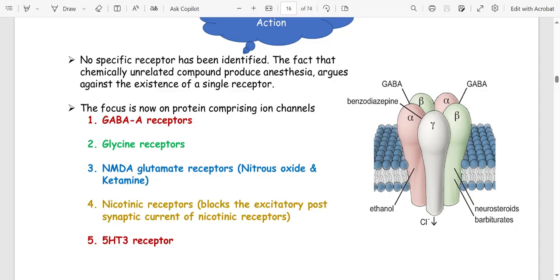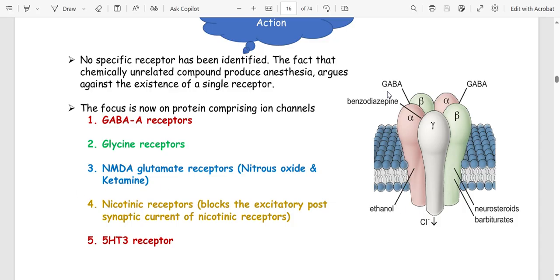Now the focus is on different proteins comprising channels. For example, you have got the GABA A receptor, glycine receptor, NMDA glutamatergic receptor, nicotinic receptor, and the serotonin 5-HT3 receptor. So these are some of the receptors where the general anesthetics will work.